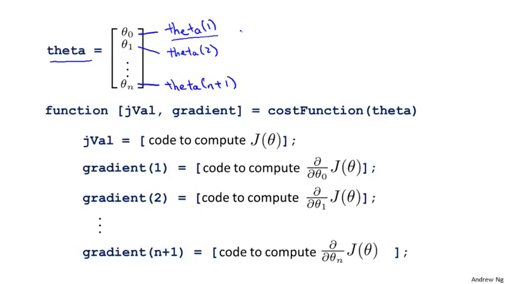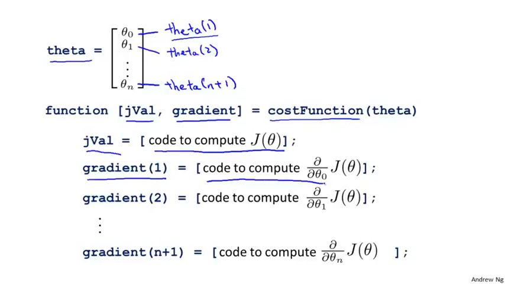So what we need to do then is write a cost function that captures the cost function for logistic regression. Concretely, the cost function needs to return jVal, so you need some code to compute J of theta. And we also need to give it the gradient. So gradient 1 is going to be some code to compute the partial derivative with respect to theta 0, the next partial derivative with respect to theta 1, and so on.